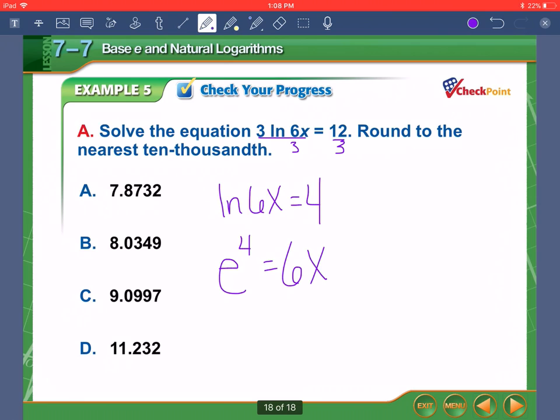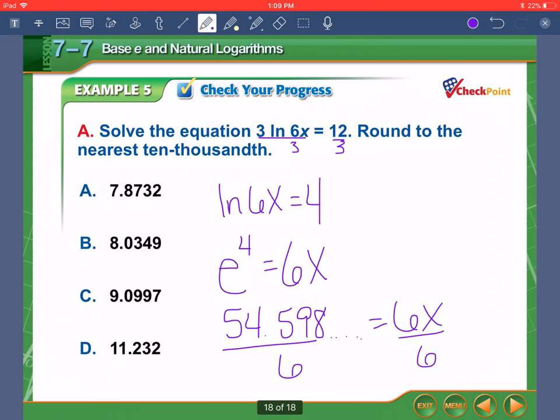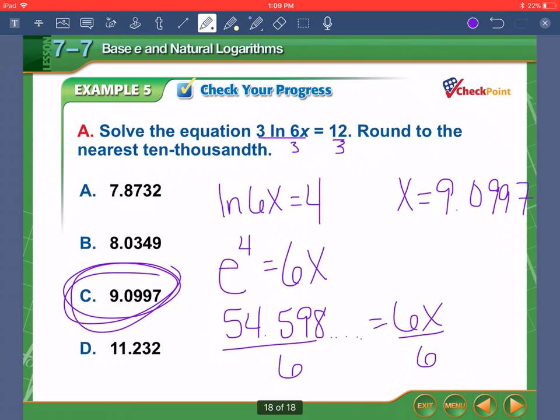In the calculator, I can put e to the 4th, so e to the 4th power is 54.598, and it keeps on going, which equals 6x. And now in the calculator, I can divide by 6, and I get that x equals 9.0997, which is this answer choice here, but it's really 9.100 if I'm going by the thousandths.